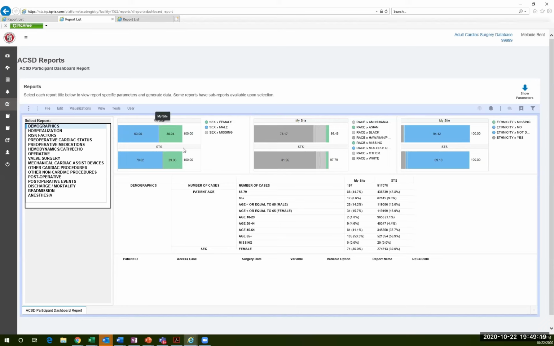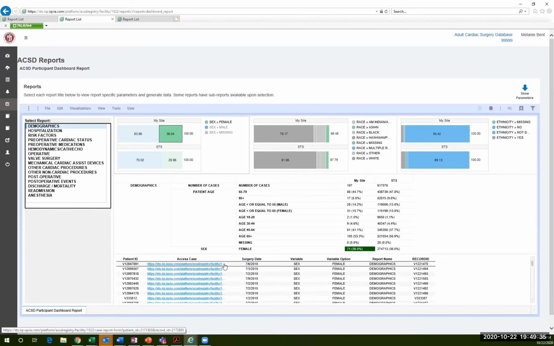And here, if I wanted to just look at the results related to my female patients, I would just select that graph bar, and then you'll see how it will automatically update, and it's going to populate all of the patients that are listed as female per the data collection form. And so you're able to immediately use that as an interactive piece to the report.